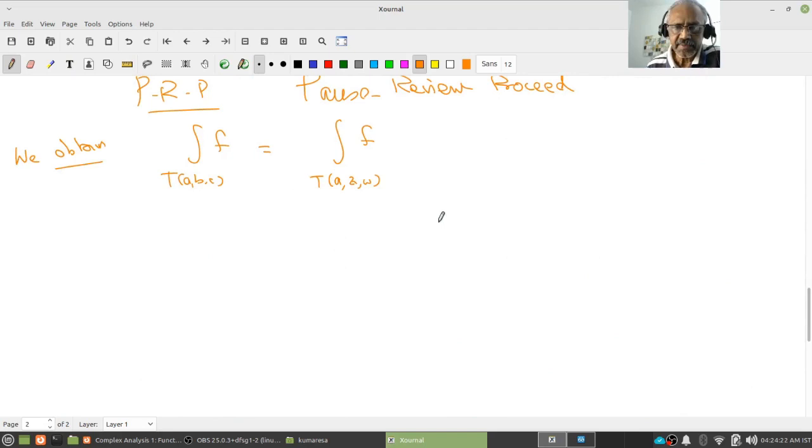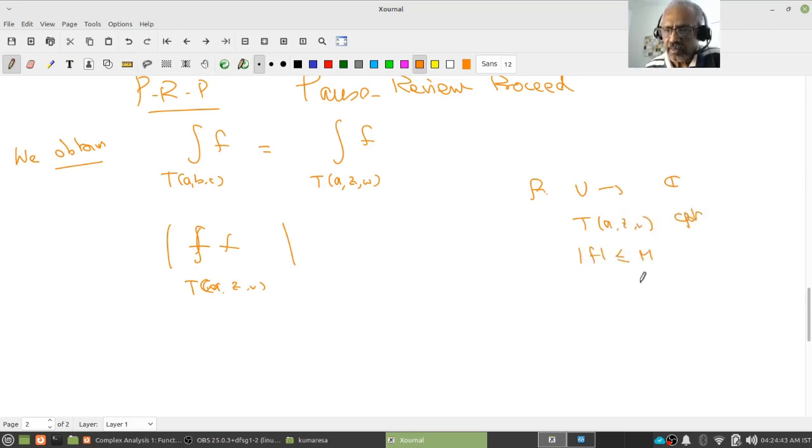Is that okay? Right. Now I want to estimate the integral of f over triangle AZW. Remember, f is continuous on U and the triangle AZW is compact. Therefore, mod f is less than or equal to M on this triangle. Therefore, I want to use the ML inequality. So it's less than or equal to M times the length. Now, let's look at the length.